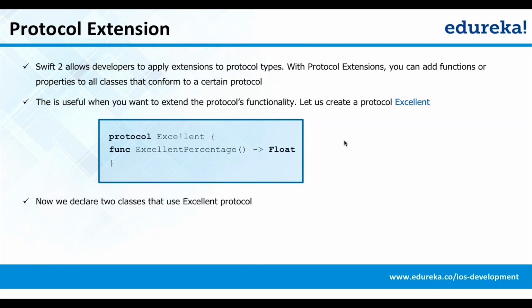Swift 2 allows developers to define protocols. Protocols are something like observables, or something like listeners in case you have worked with the Java programming language. Using protocols, you can apply the callback mechanism. Let's say whenever the user presses a button, I want to notify my application that the button has been clicked, so please take further action.